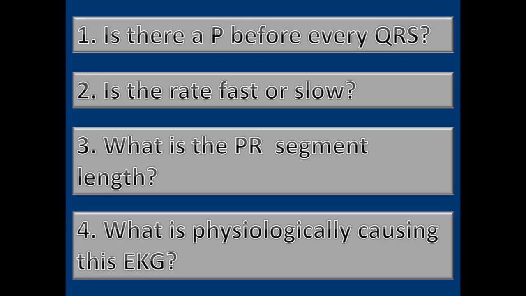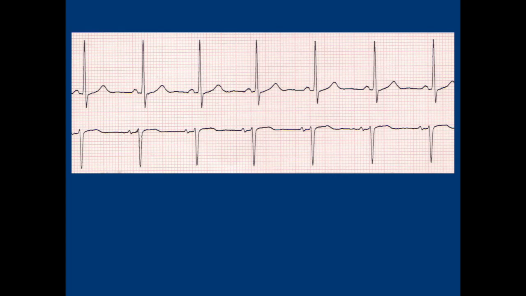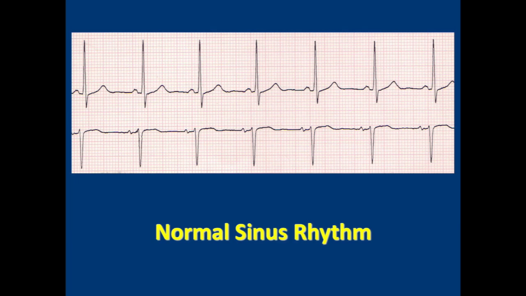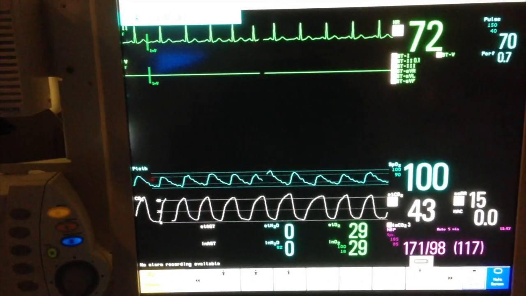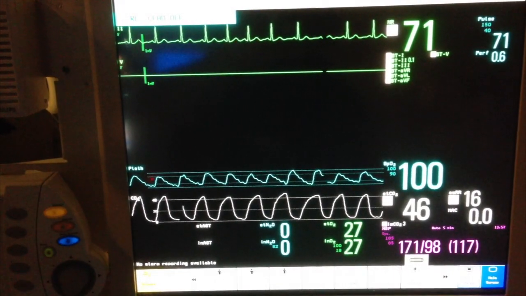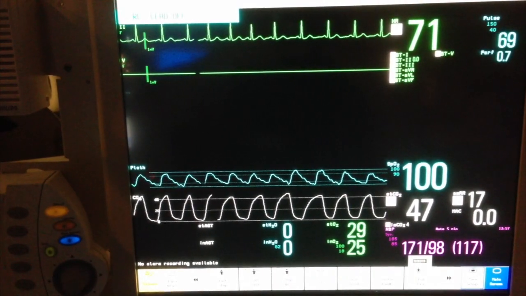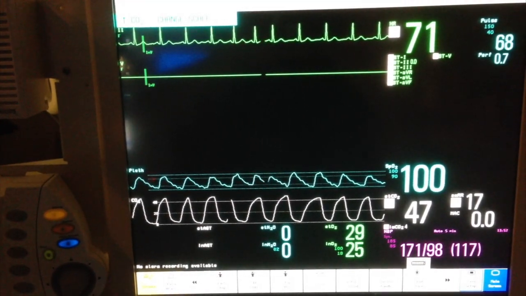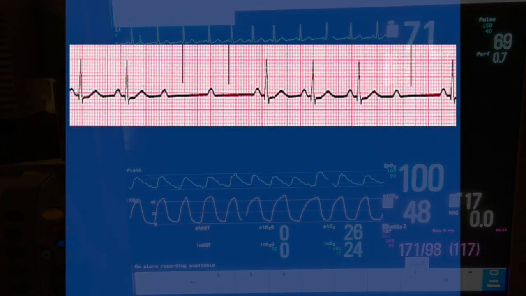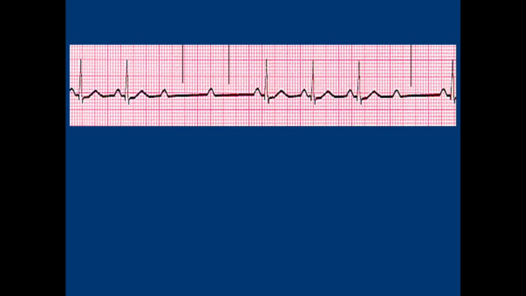There's the 4 questions. There's another normal sinus rhythm. Use your 4 questions.